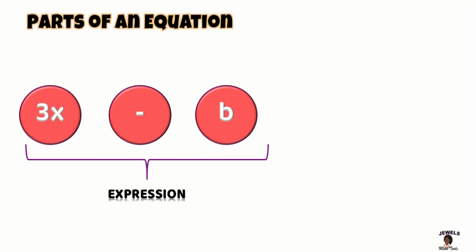We just have terms and an operator sign. But in an equation, an equal sign is always involved, because remember that our equal sign tells us that whatever we have on the left hand side of our equation is equal to whatever is on the right hand side of the equation. Okay, so let's review before we leave.